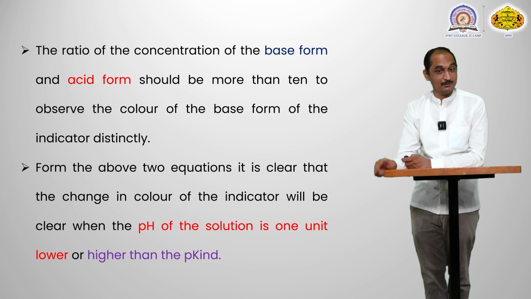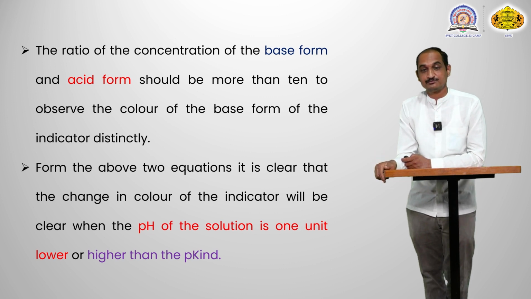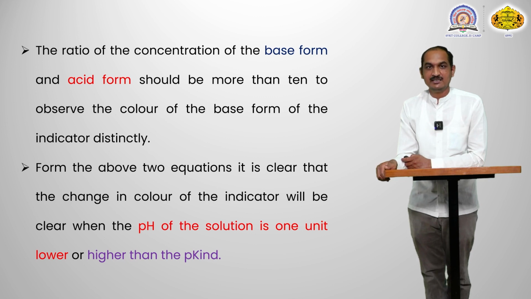Once again I repeat, because this is the most important point regarding the color change of the indicator: by observing these two equations it is clear that the change in color of the indicator will be clear when the pH of the solution is 1 unit lower or higher than the pK indicator value.